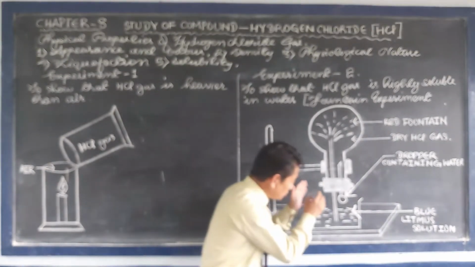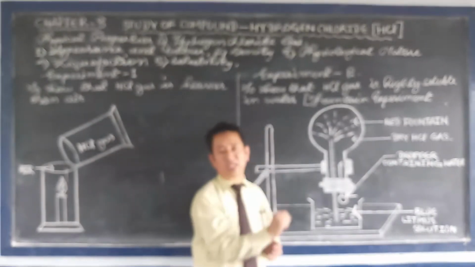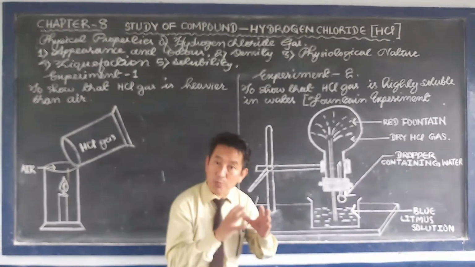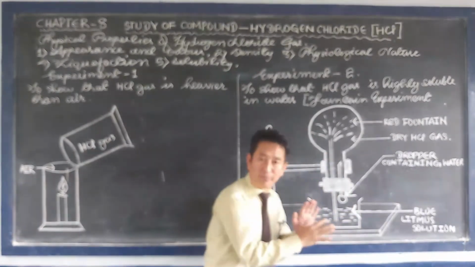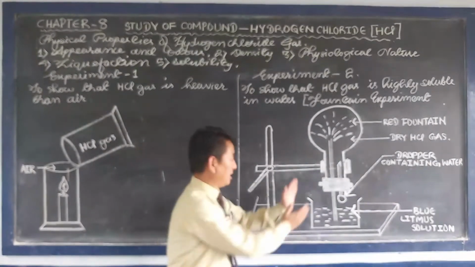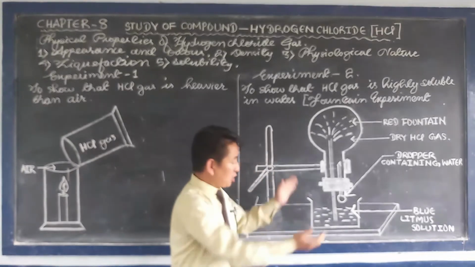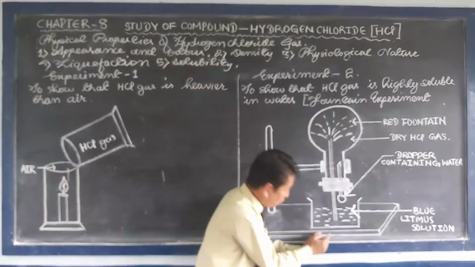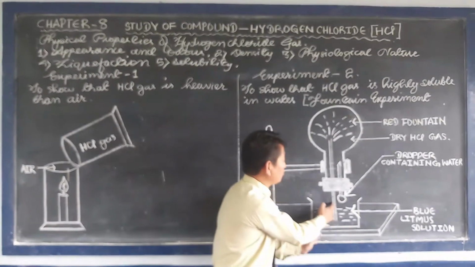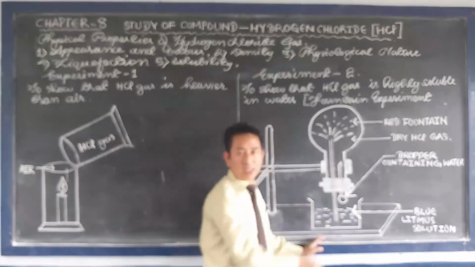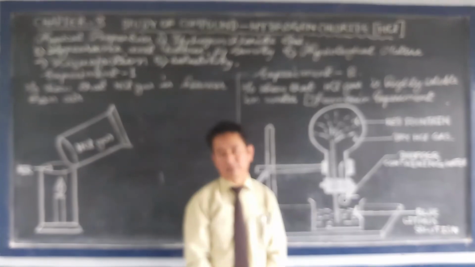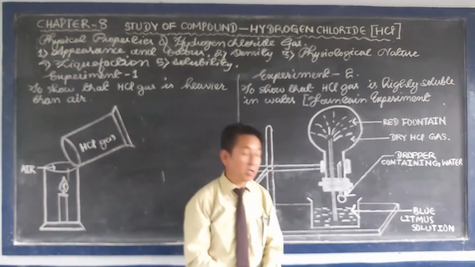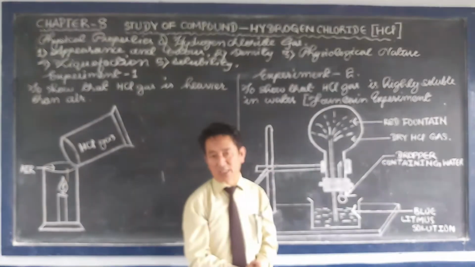When you press this dropper, it creates a partial vacuum. That means outside pressure is higher than the inside pressure. This outside pressure pushes the blue litmus solution into this flask, thereby forming a red fountain because of this hydrochloric acid.